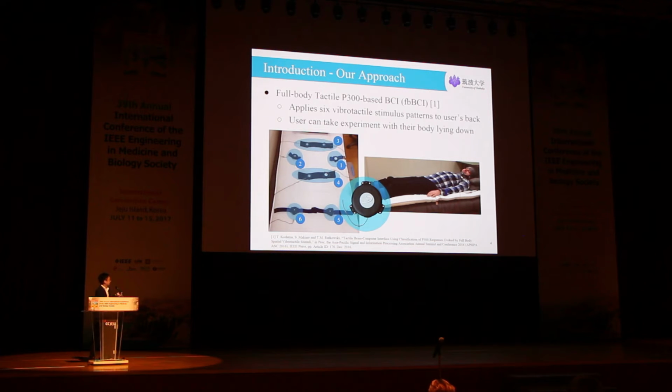We apply these six tactile exciters on the mattress to stimulate the BCI user's both hands, shoulders, hips and both legs. So with this BCI, the user can take the experiment just with his body lying down. So it could be applicable to ALS patients or bedridden patients.